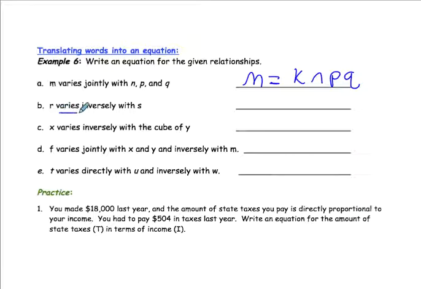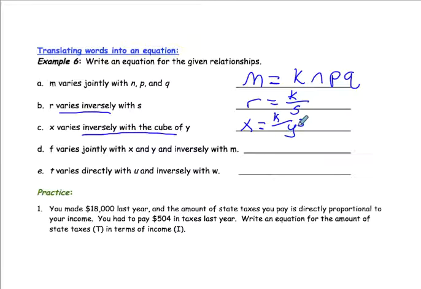If r varies inversely with s, that means r is equal to a constant over s. X varies inversely with the cube of y. So x is equal to some constant divided by y cubed.